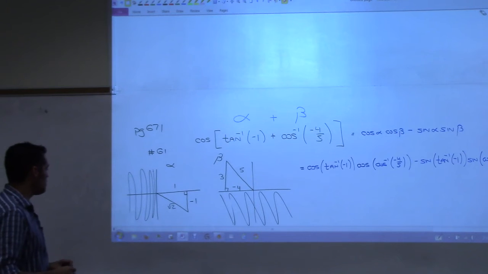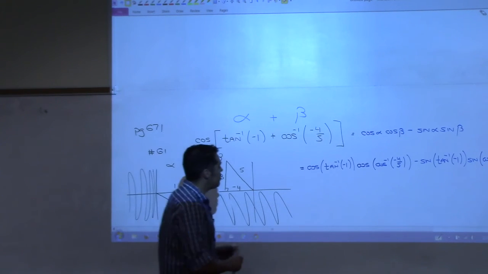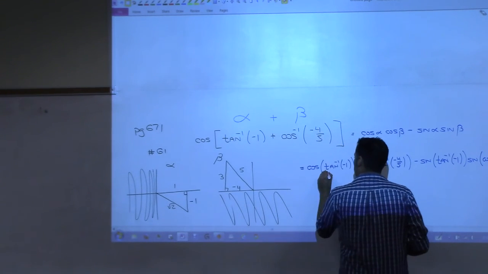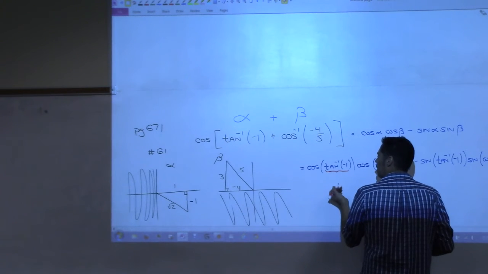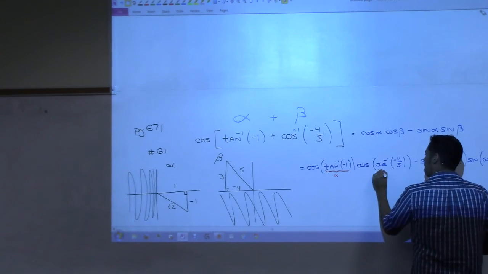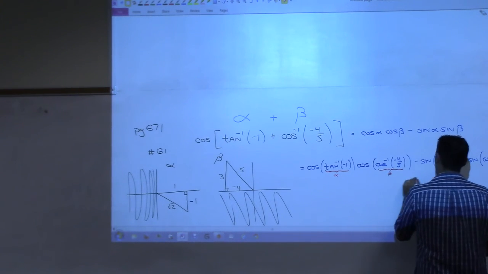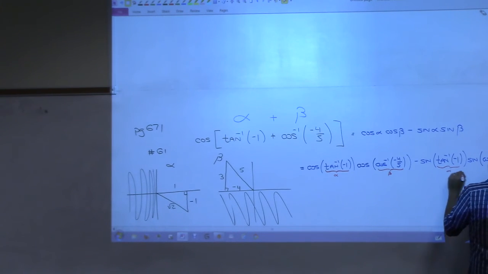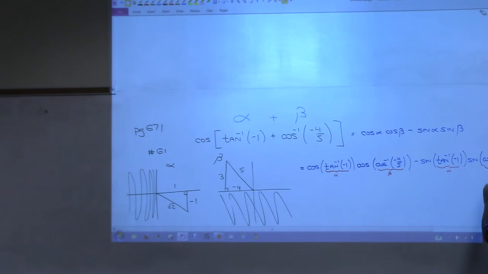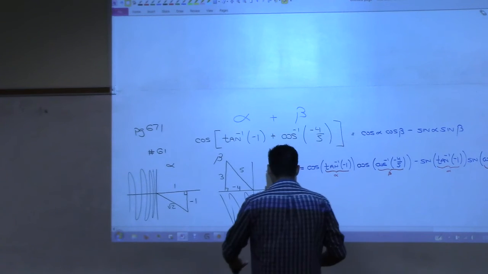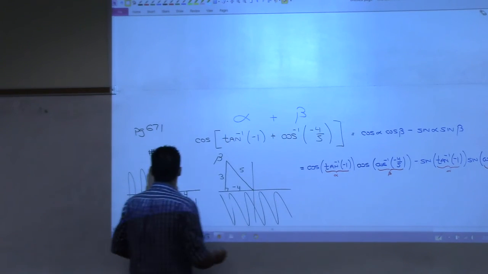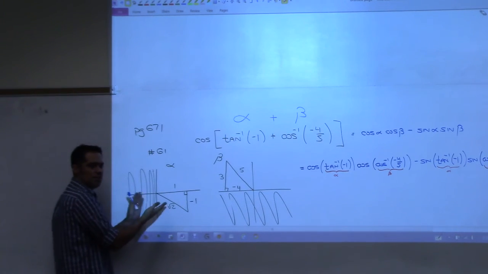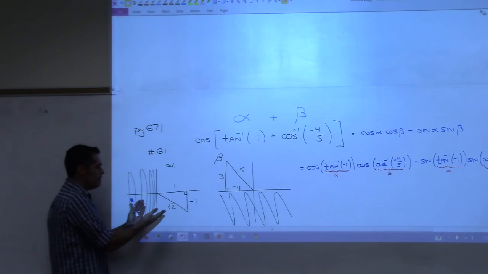So just remember that this right here is an angle. This is the angle alpha. This right here is beta. This right here is alpha. This right here is beta. And so when this says cosine of alpha, we come over here, we say cosine of this triangle is what? 1 over root 2.